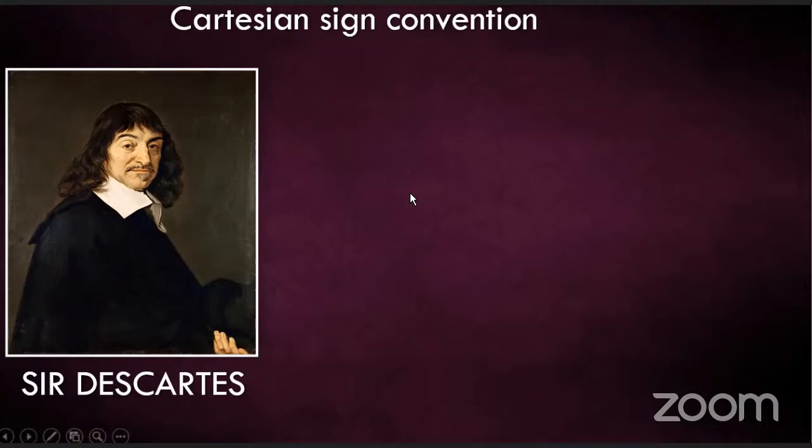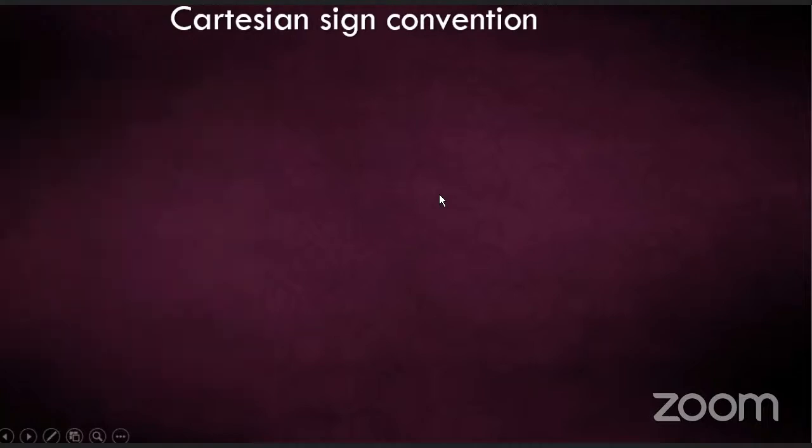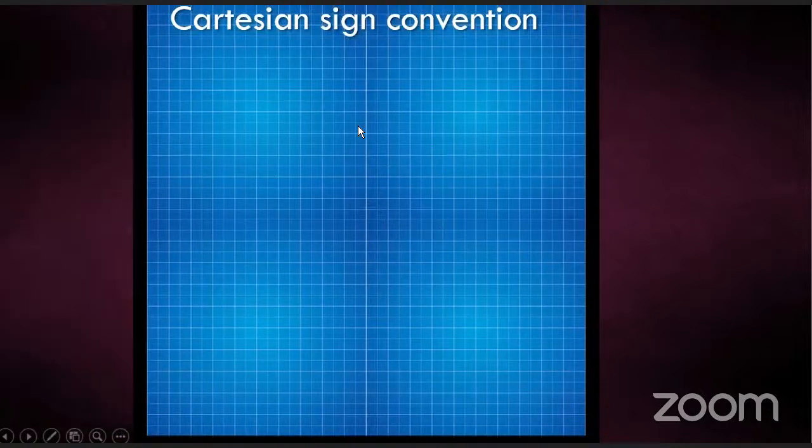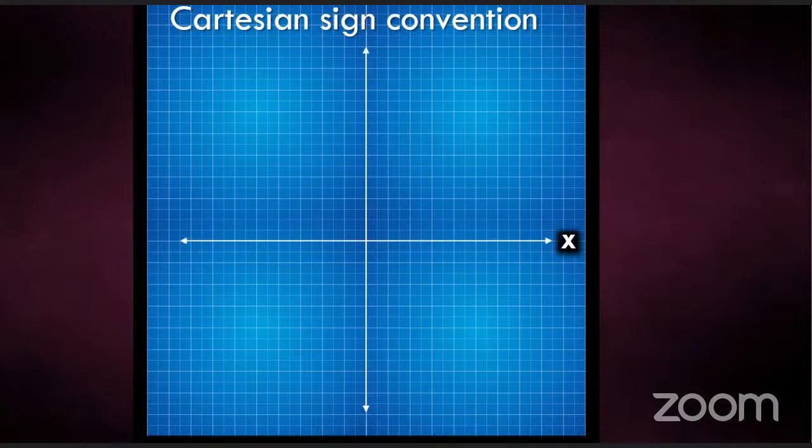Yes, so Cartesian coordinates were invented by Descartes, to show the coordinates of the x-axis and y-axis. This is a plane surface with the x-axis and y-axis. You can see the x coordinate and y coordinate. This is a very, very important point. You have to note it down.